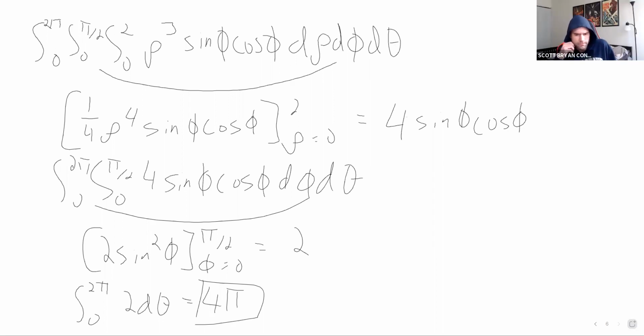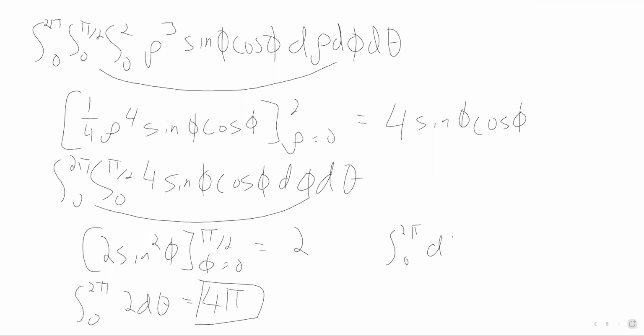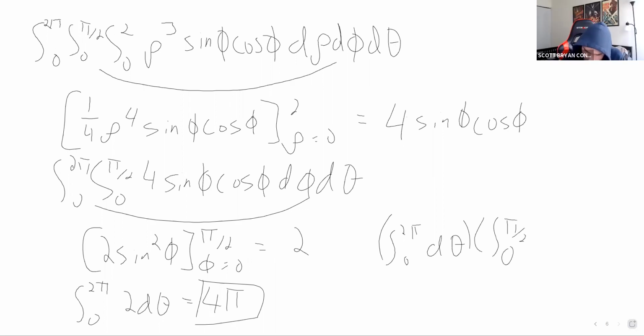Yeah, you could have. It works the same way. Since it's just stuff involving rho, stuff involving phi, and stuff involving theta, which is just constants, you could do the integral from 0 to 2 pi, and then the integral from 0 to pi over 2 of sine phi cos phi.